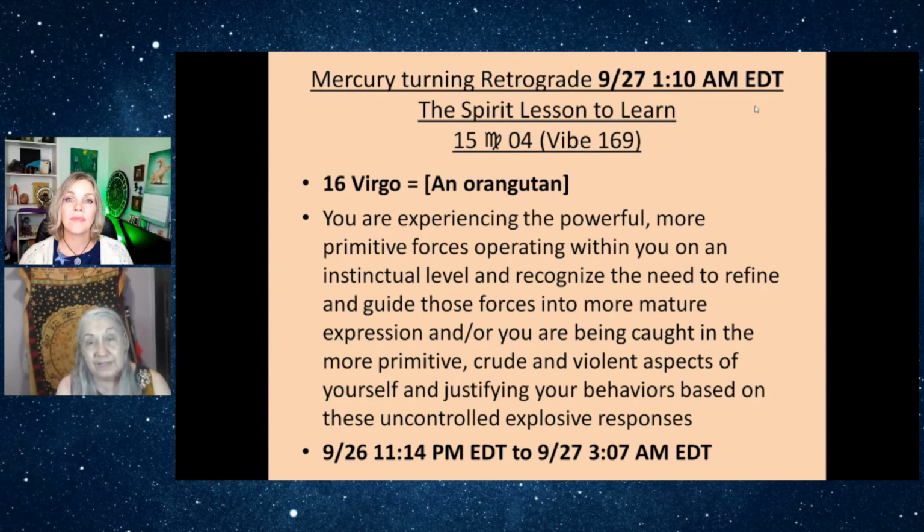This is about experiencing the powerful, more primitive forces operating within you on an instinctual level, and recognizing the need to refine and guide those forces into more mature expression. If you don't grab hold of them and work with them, you're likely to experience, either from you or from somebody else, uncontrolled explosive responses. At least you're going to know what's going on.